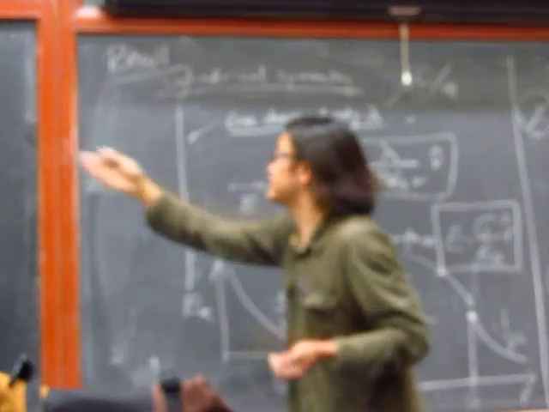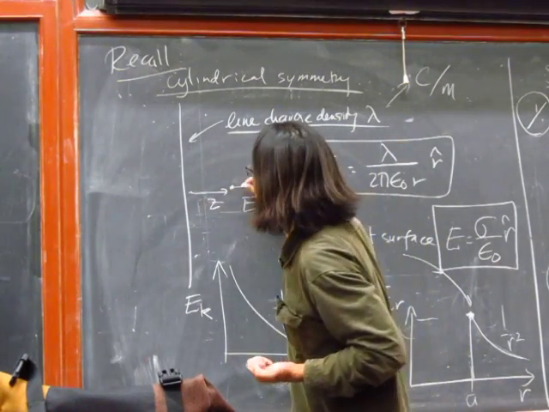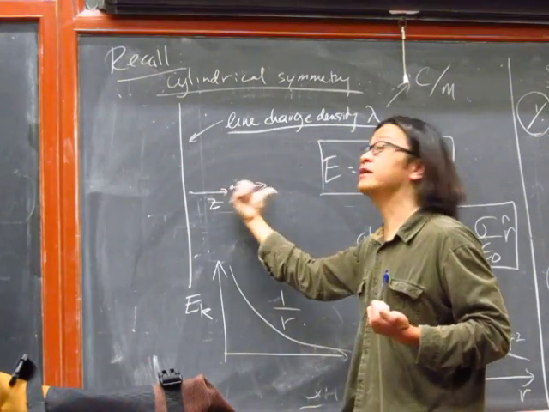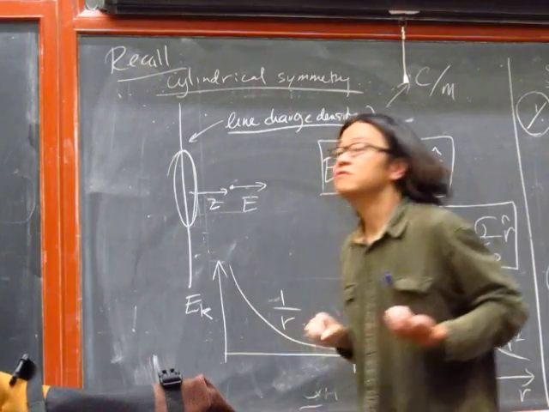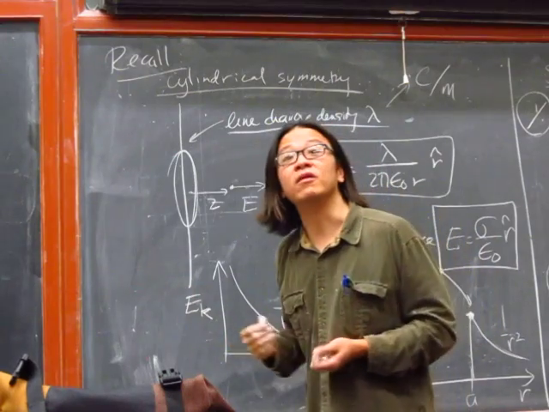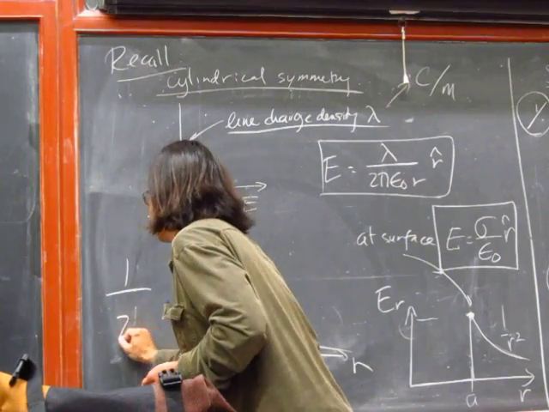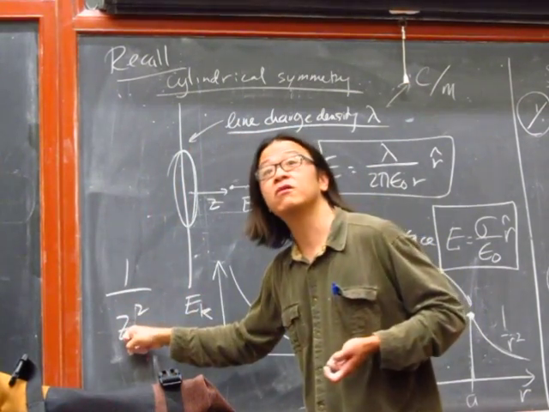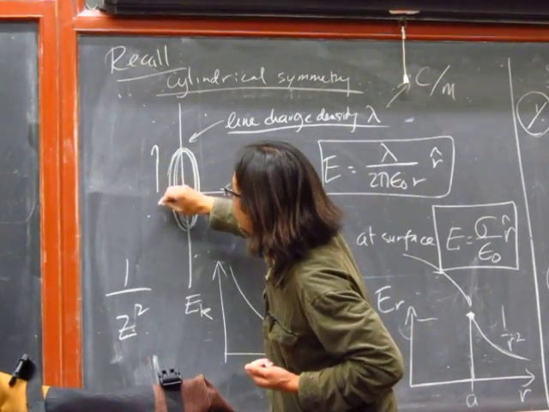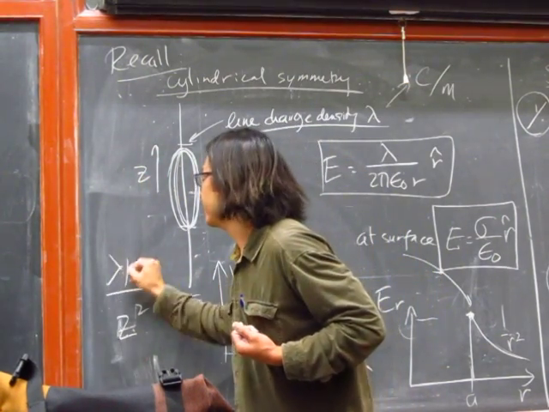But if I use the second argument, at some distance z, all the charges that give rise to a significant component in the electric field have to come from some scale like that. Everything else beyond is much smaller. So the electric field goes as 1 over c squared from Coulomb's law. But the amount of charge in this segment of length c goes as lambda c.